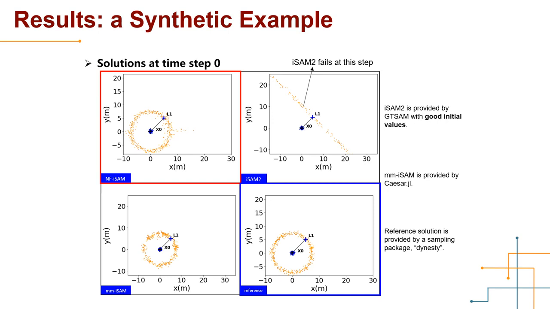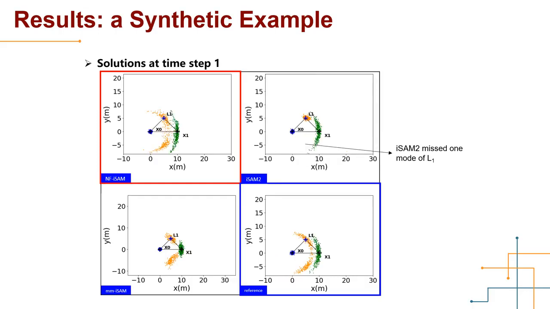It fails for this non-Gaussian posterior. The MM-iSAM on the bottom left is short for multimodal iSAM. The reference solution on the bottom right is found by a sampling package, which is considered more accurate than others. The NF-iSAM solution is the most similar one to the reference solution.